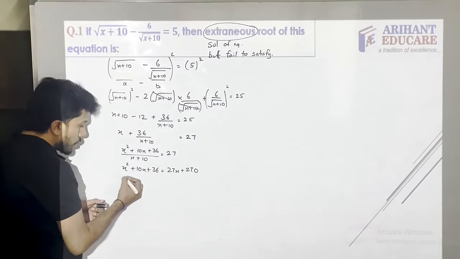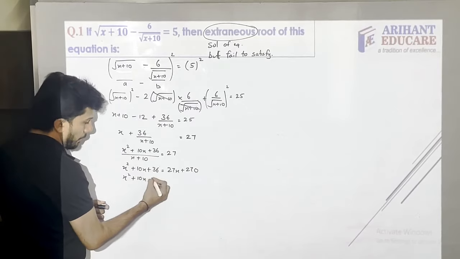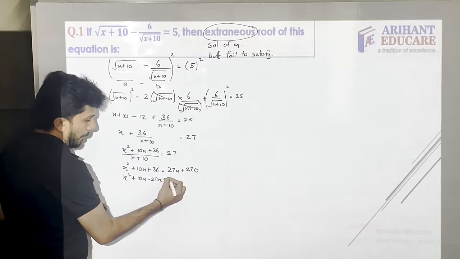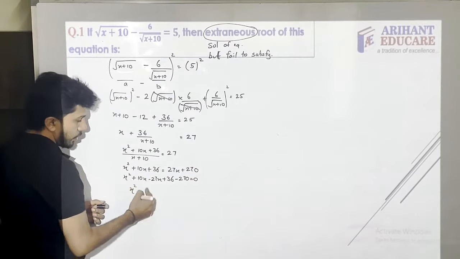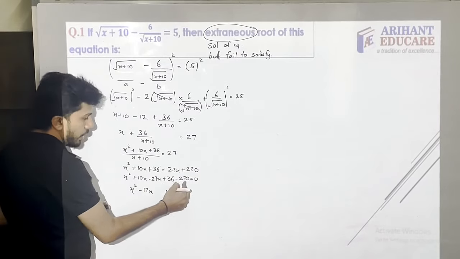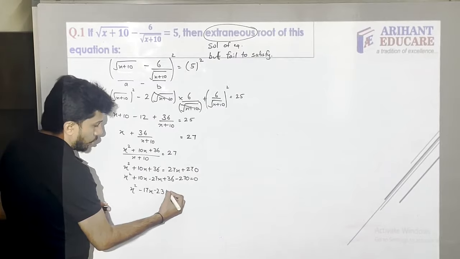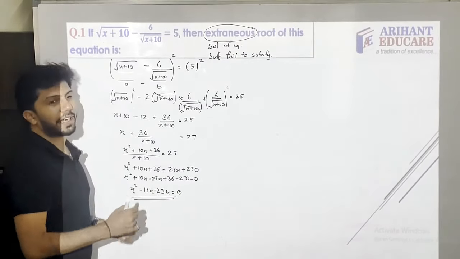Let's see further. So we have x squared plus 10x minus 27x plus 36 minus 270 is 0. x squared minus 17x, 36 minus 270 is minus 234, equals 0. Now we finally have a quadratic equation.